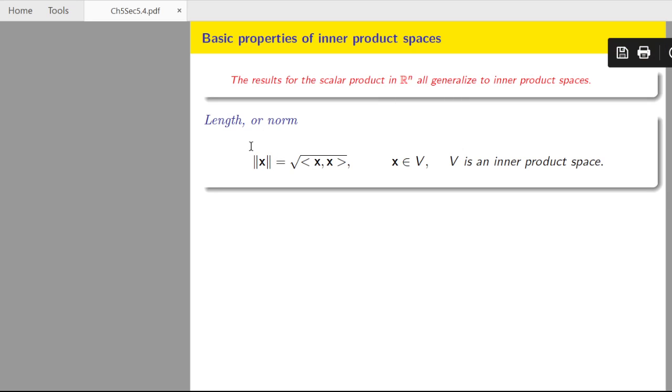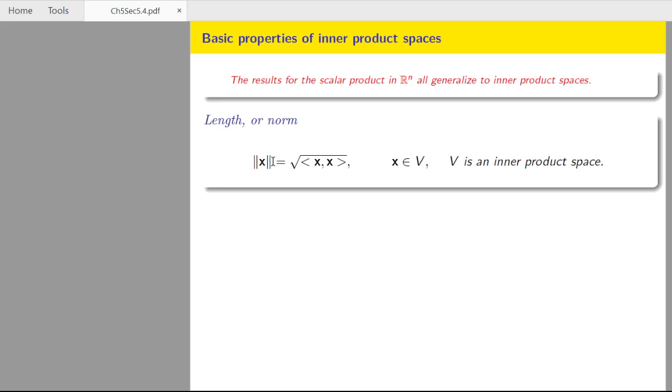We use a similar notation to what we used for the norm in Rn. But in this case, the norm is defined by the square root of the inner product of x and itself. Recall, for the first property of inner product, the inner product between x and x itself is non-negative, so this makes sense.